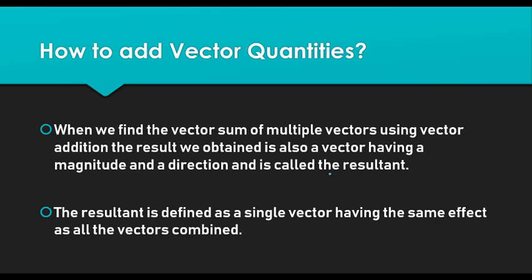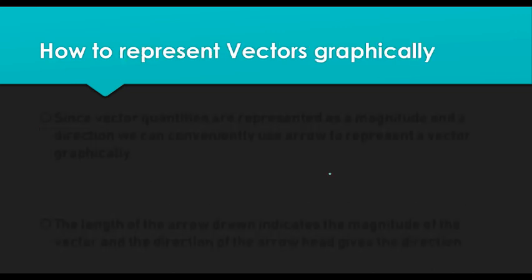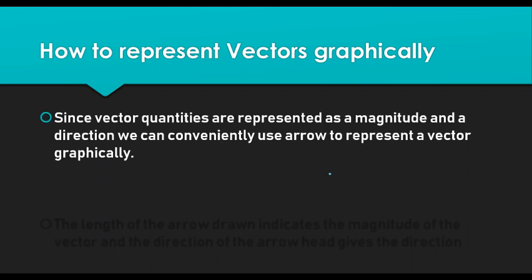So in our previous example, when we actually add the two opposing vectors by subtracting them, the vector we obtain will be a new vector called the resultant, and that vector will have the same effect as those two vectors acting in opposite direction.